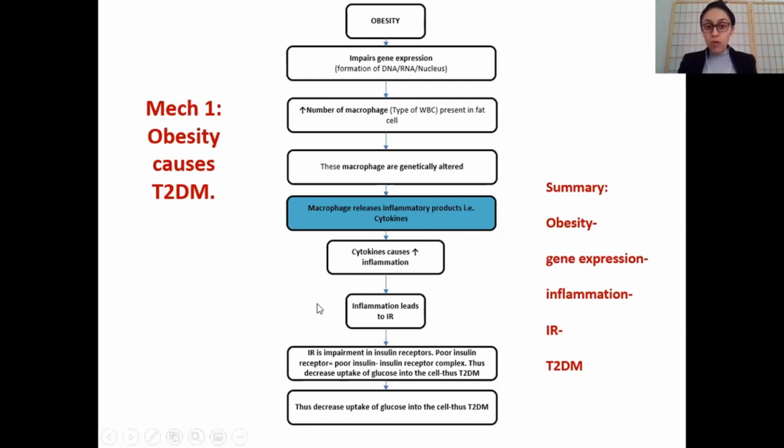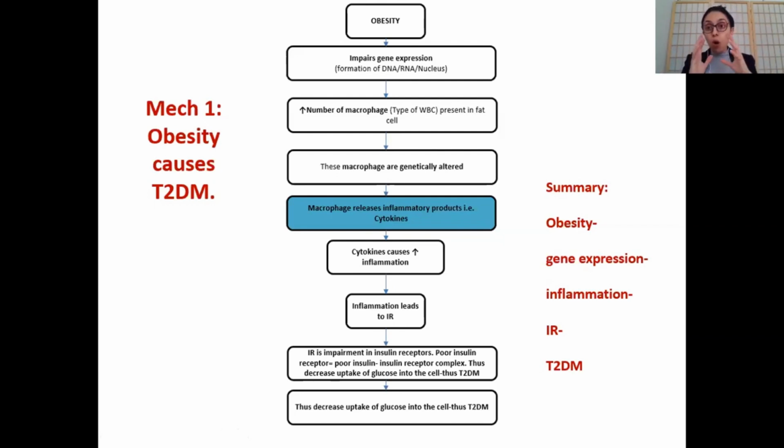Okay. So yes, now when you have lots of inflammation in the body, which is inflammatory substances such as tumor necrosis factor and cytokines, this leads to insulin resistance. Now, what do I mean by insulin resistance? Now you know, it is the poor complex between the insulin receptor and insulin. Okay, so the complex is not being formed because of inflammation.